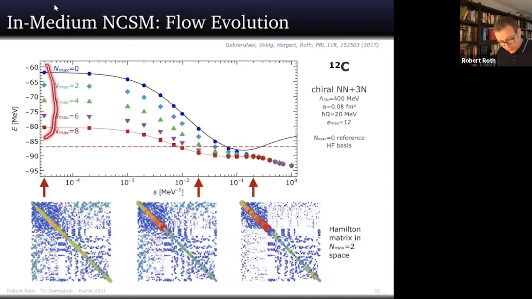So you're not able to extract some meaningful statement about the ground state energy, even some extrapolation based on this data. But if you go later in your flow evolution and you pick out a matrix, say at this regime for the flow parameters, you see that the convergence is essentially instantaneous. So from Nmax 0 on, you are at your converged number for the ground state energy. And of course, this is due to the fact that you've isolated, decoupled this Nmax 0 block.